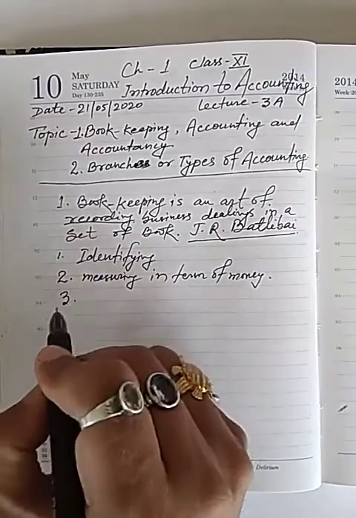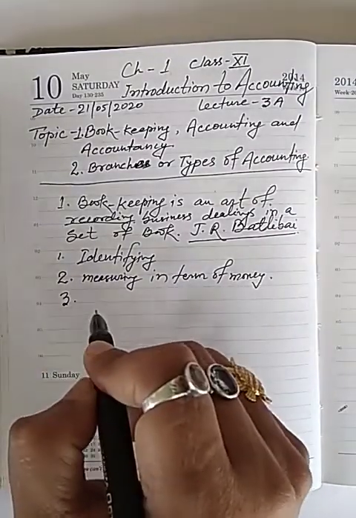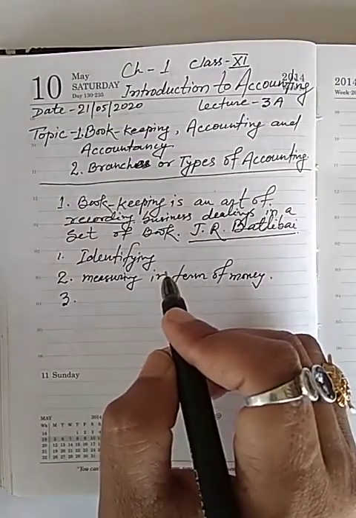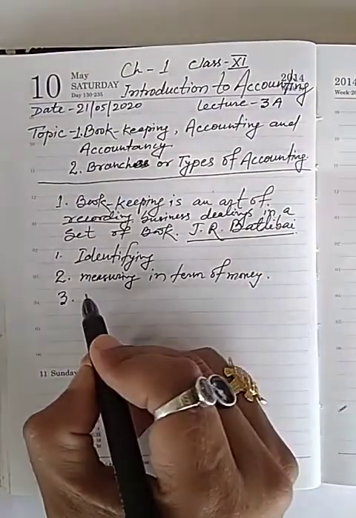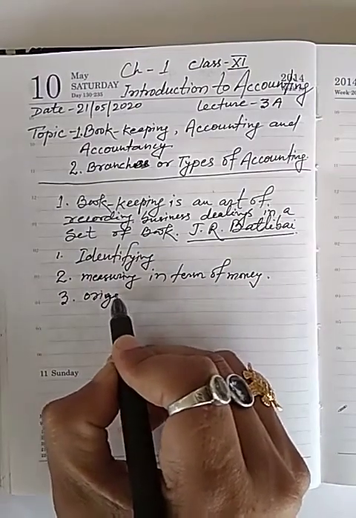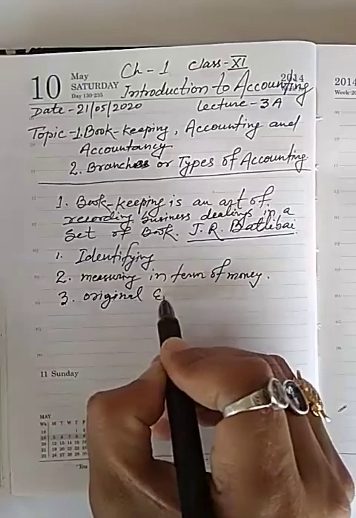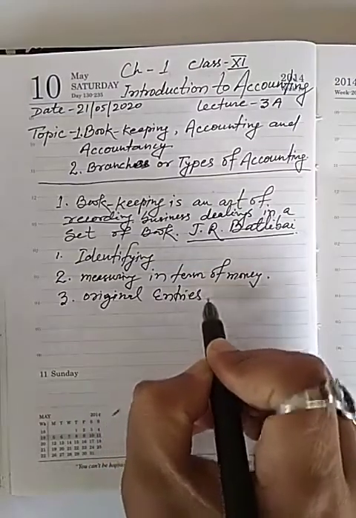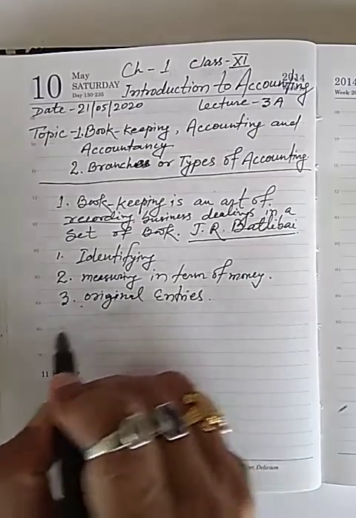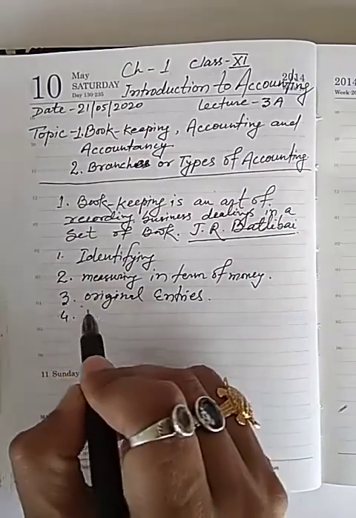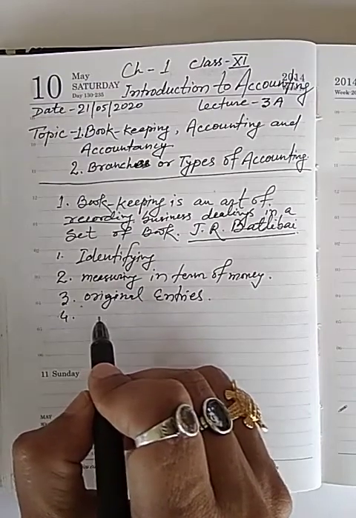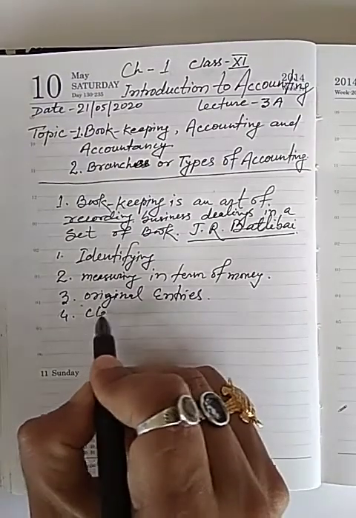The third point is recording the identified transactions in the books of original entry. And the fourth point is classifying them into ledger.